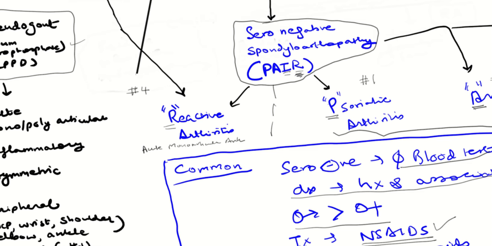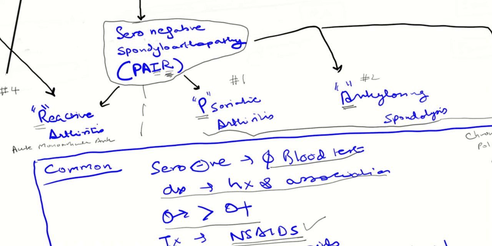That's the big difference when it comes to diagnosing it. What else? Psoriasis plus arthritis gives you psoriatic arthritis. So if a patient in the question has psoriasis, pitting of the nails, psoriatic lesions on the skin, and they have arthritis or swelling of the joints, especially peripheral joints, they're trying to tell you this is psoriatic arthritis.